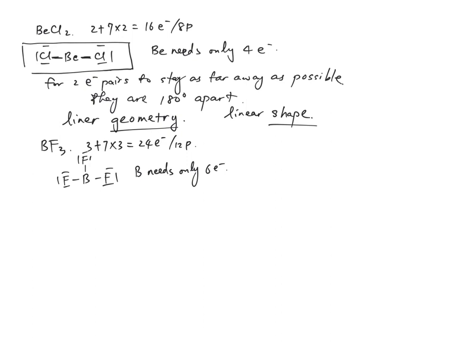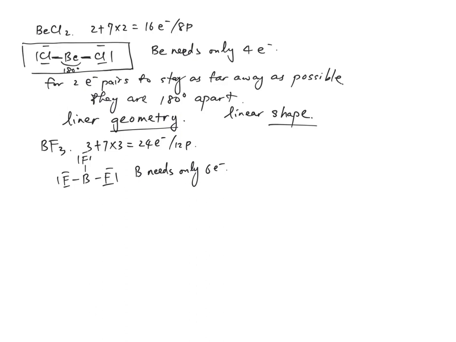Again, for the shape, we're looking at the central atom and what's surrounding it. There are 3 bonds surrounding the central atom, and these 3 bonds hate each other. They're going to try to stay away from each other as far as possible. So this is 180 degrees.